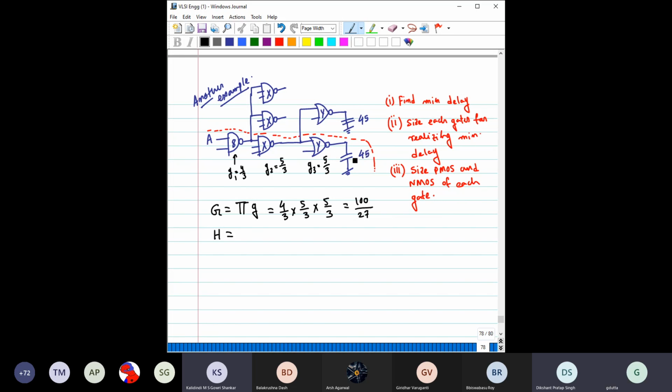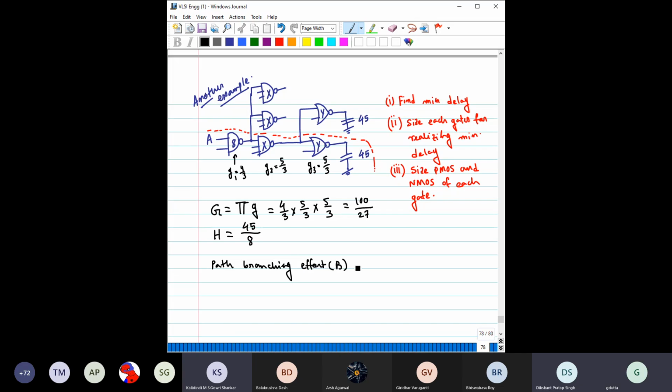It is basically C out by C in along this path. So C out is 45 by C in is 8. Fine. Now we have to write here the path branching effort.